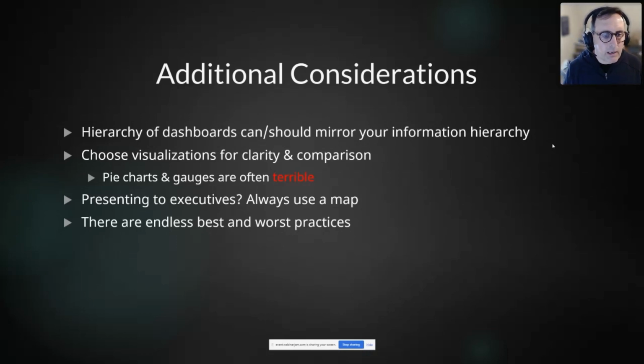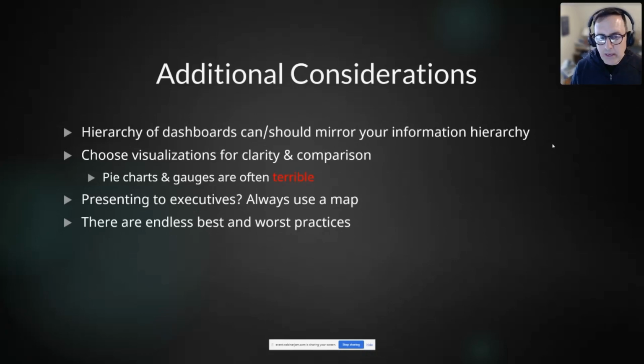All right, so think about that in the same way you think about the hierarchy of information in your system. I already talked a little bit about choosing visualizations, like pie charts and gauges often being a bad idea. It depends on where you use them, and even in some of my cases, you'll see I use them myself, but a lot of times we try not to.